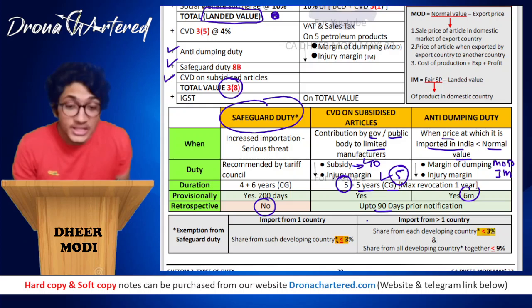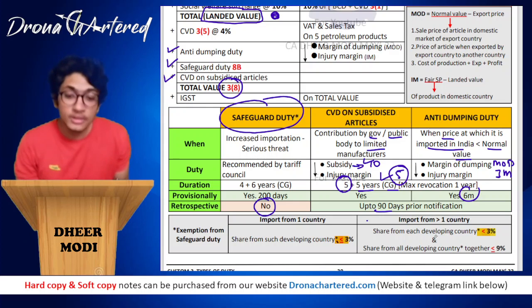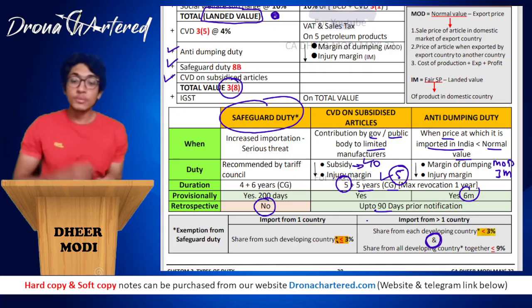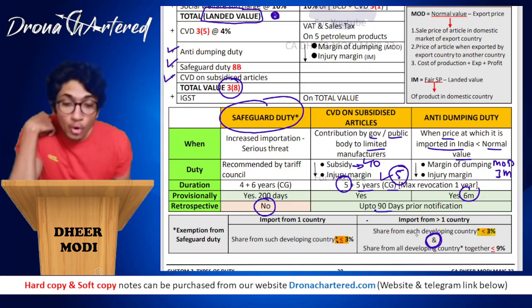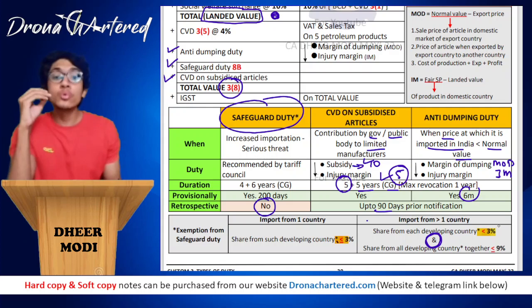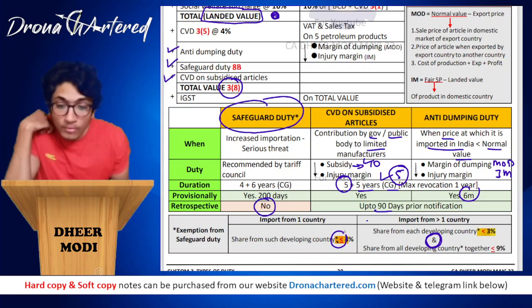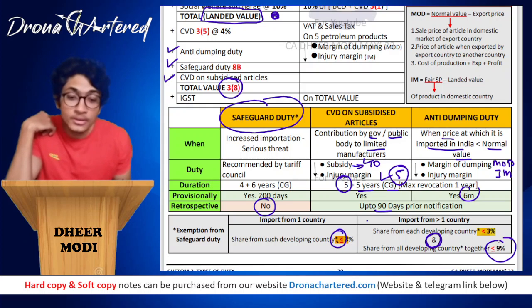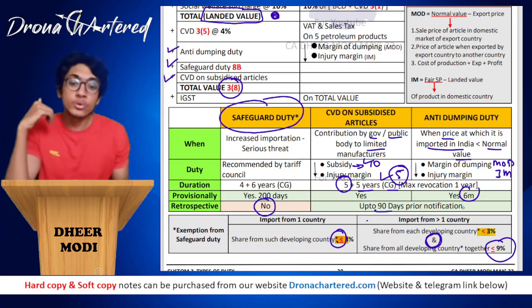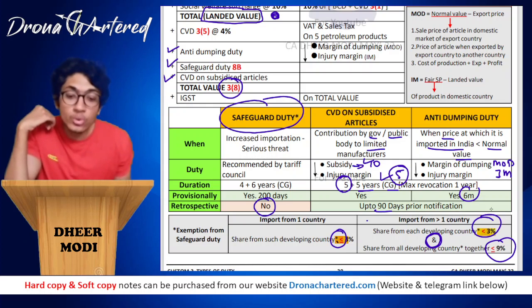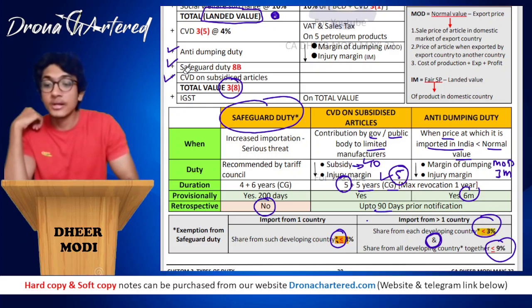So the share from each developing country is less than 3%, and both of these conditions have to be satisfied. So the share from all developing countries together is less than or equal to 9%. So what you have to remember, over here it is less than or equal to 3%, over here it is less than or equal to 9%, but for each country it is only less than 3%.